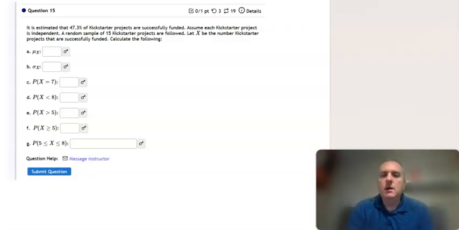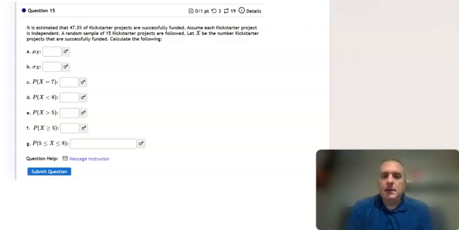So we have to figure out what type of distribution this is. If you go back into the notes, we have an example where every trial or every possibility or selection has an equally likely chance of happening. In this case, there's always a 47.3% chance of any Kickstarter project being successfully funded. And the other thing we need is that independent statement there.